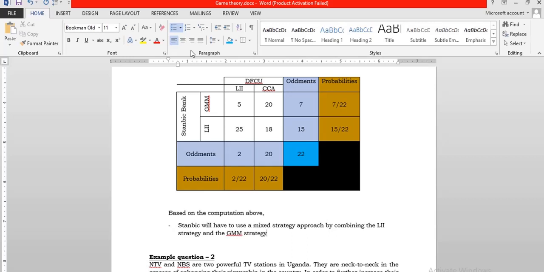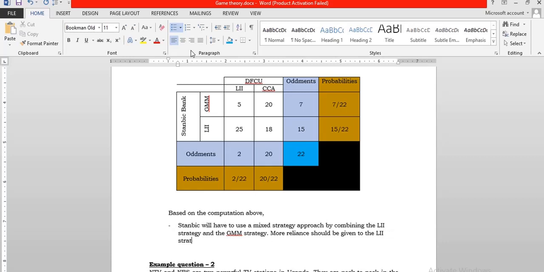So more reliance should be given to the LII strategy in order to maximize minimum possible gains in the game.